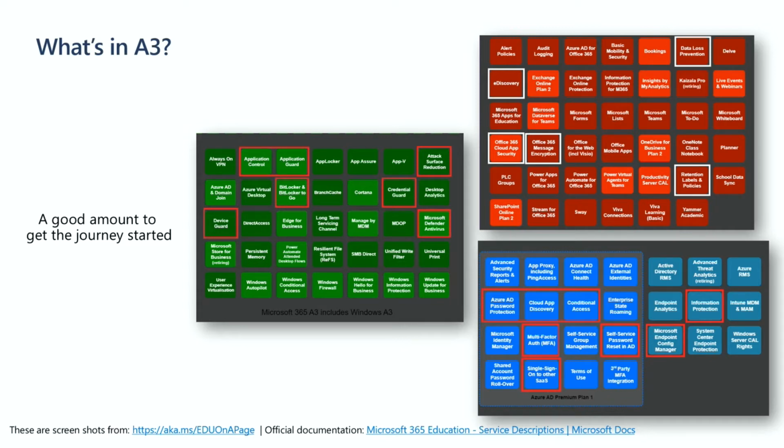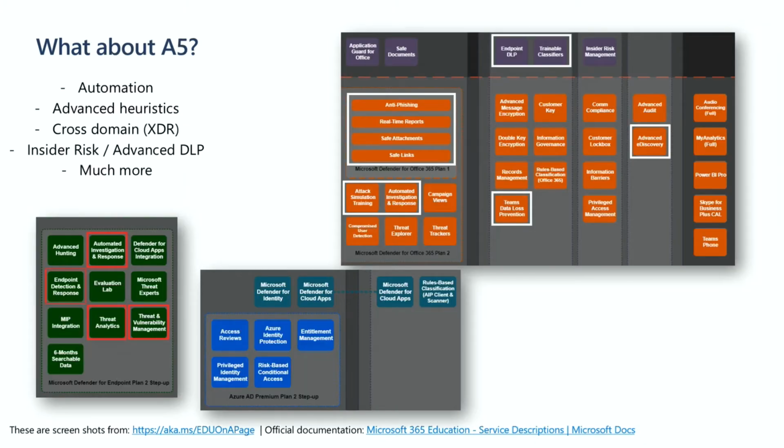To build upon that, just to highlight a few of the features beyond A3, with our A5 licensing, you're starting to look into more automation, advanced heuristics, being able to detect threats cross-domain, and doing automatic remediation. So when something comes in from email, but then ends up compromising a workstation, you correlate those. You're getting that EDR, XDR type capability.